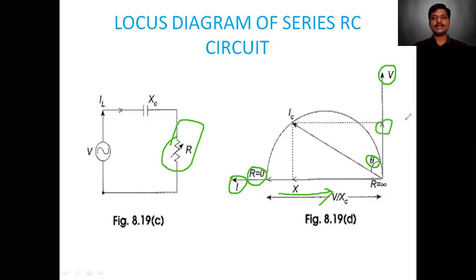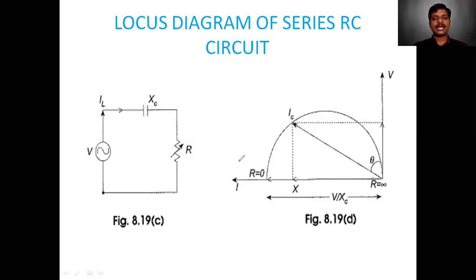This will be the current vector when resistance is infinity. This happens only when the resistance has a very high value, so that the effect of capacitance is negligible. In that case, voltage and current will be in phase with each other.